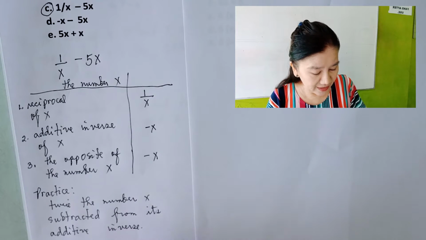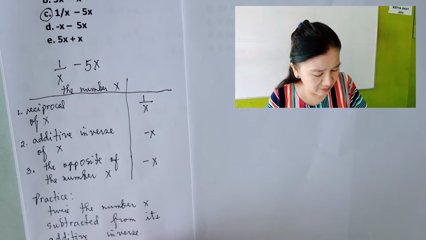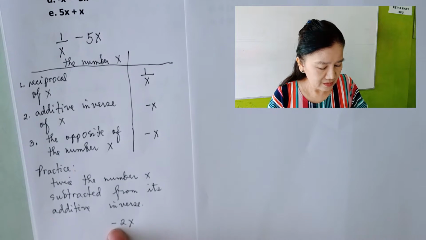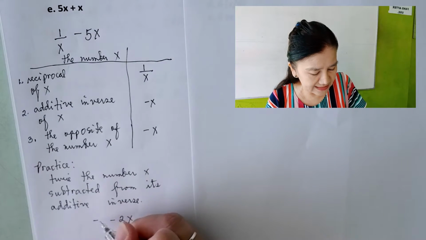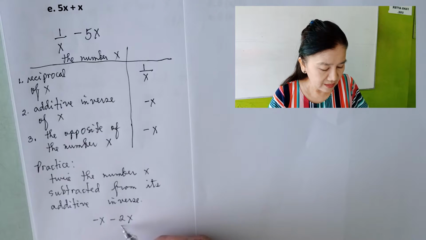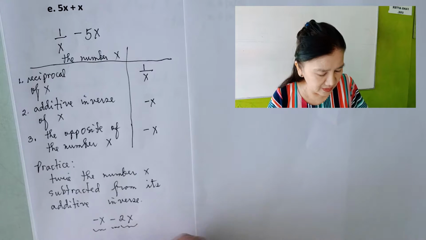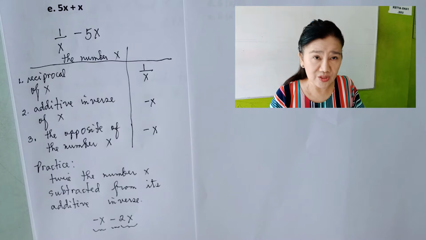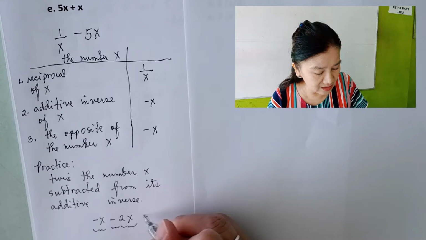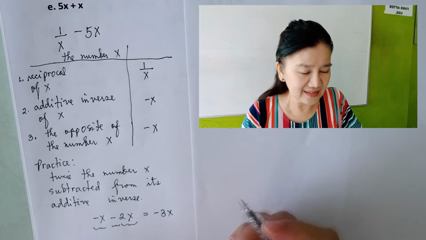Twice the number x subtracted from its additive inverse. The additive inverse of x is negative x. Repeat, this is twice the number x subtracted from its additive inverse. So the correct answer is negative x minus 2x, which can still be simplified as negative 3x.